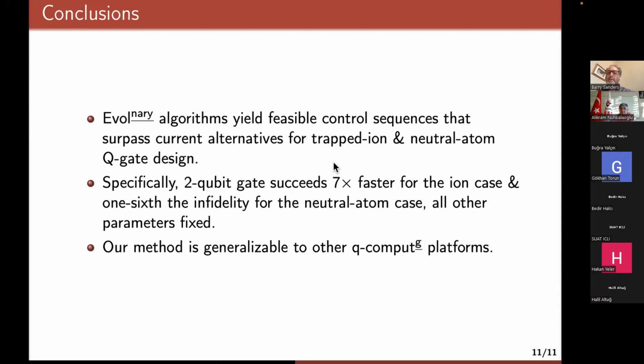Now, the way it's typically done is we'll figure out theoretically what the transition frequency is, and then lock the laser to that. One of the things that we found in our modeling is the detuning is off. So we are claiming that the experiments have not always picked the right detuning, and that does impact infidelity.